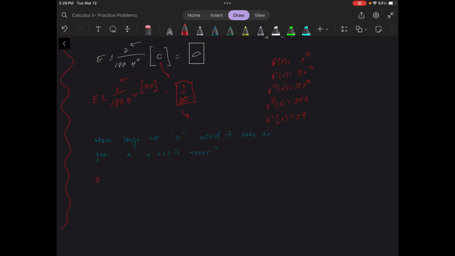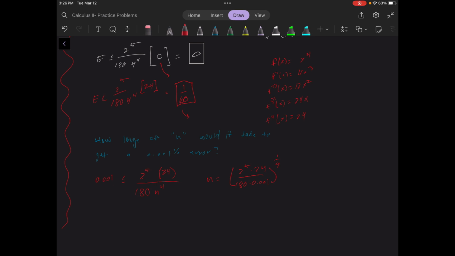So let's see, if we want a 0.001% error, that's going to be less than or equal to 2 to the fifth power times 24 over 180 n to the fourth power. So solve this for n: n is 2 to the fifth power times 24 over 180 times 0.001, all to the 1/4 power.